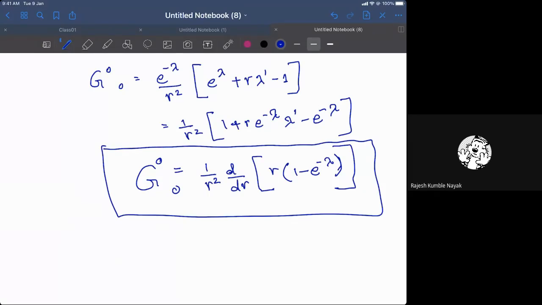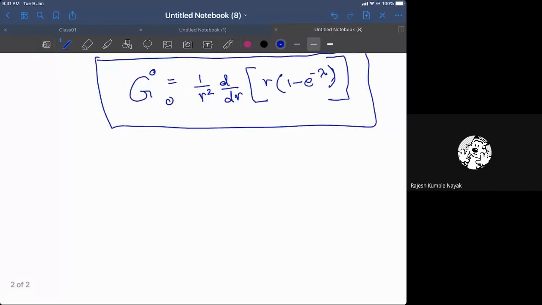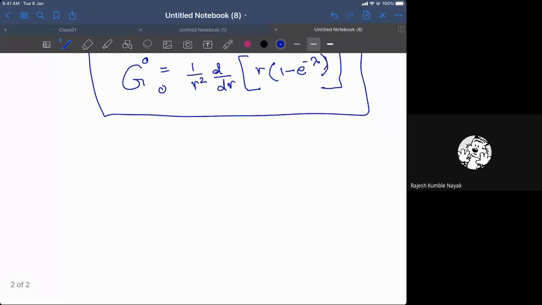We have a diagonal metric, and it has only 3 independent values. Rest of them are either 0 or repeating. So G11 can also be straightforwardly calculated. You get 1 by r square into 1 minus e to the power minus lambda, 1 by r into e to the power minus lambda into mu prime.